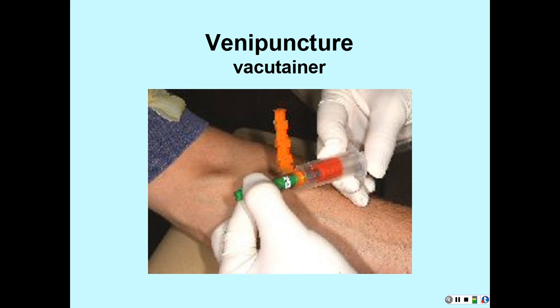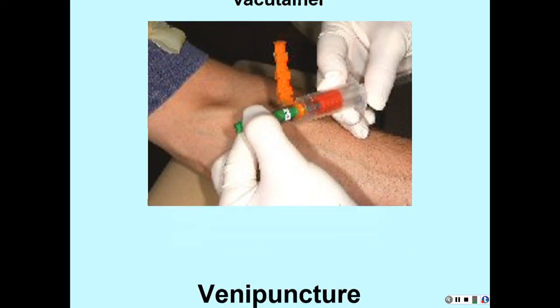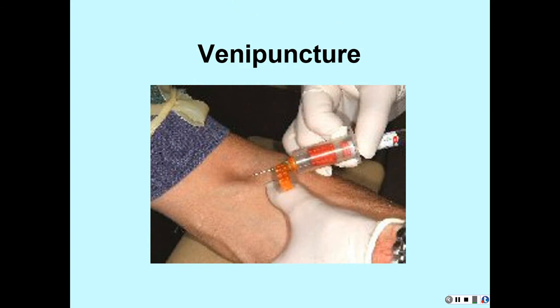That's the way those work. It's like a vacuum, and it pulls in the amount of blood that you need for that tube. The whole thing, the needle and the hub, is considered a vacutainer.